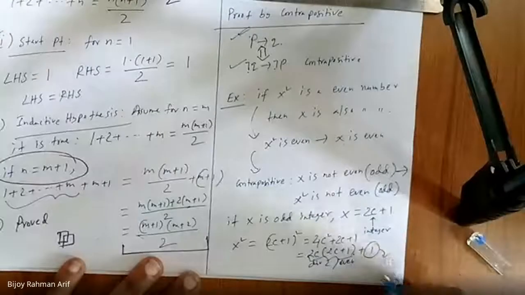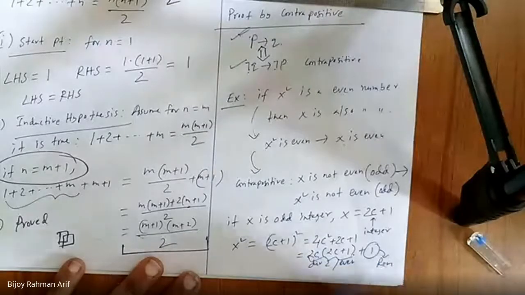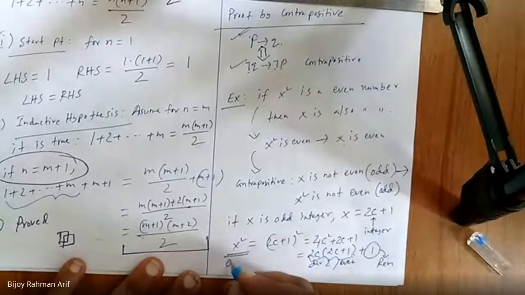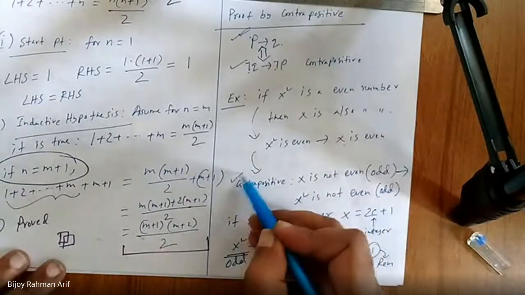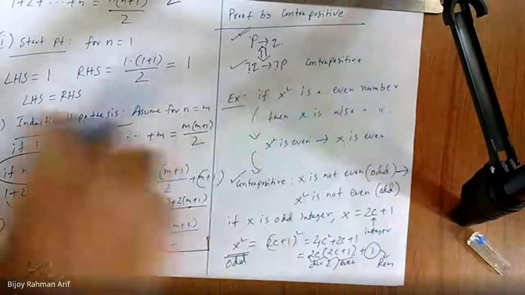So what is the remainder? The overall number's remainder would be 1. So this number is definitely odd. So we have proved the contrapositive statement. Now proving the contrapositive is the same as proving the original, so we are done.